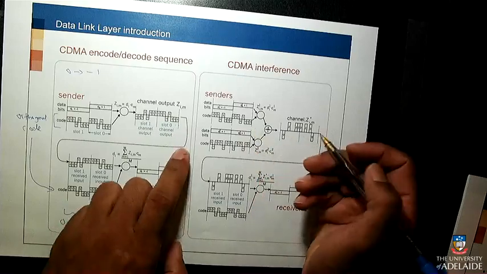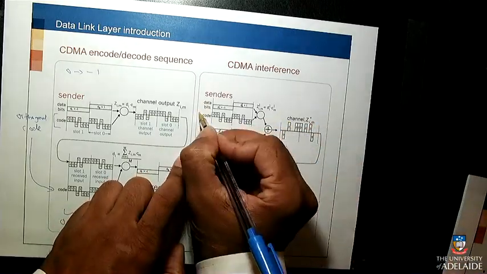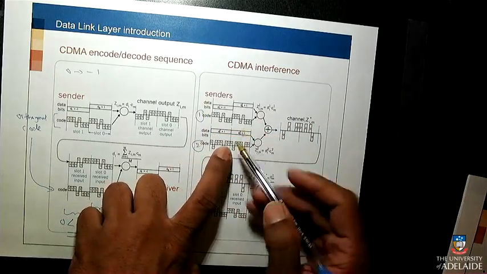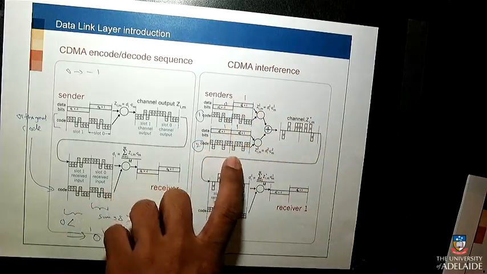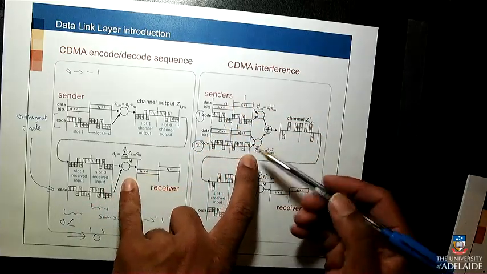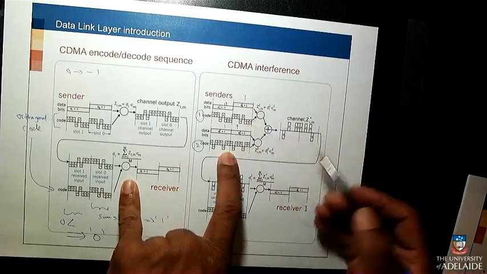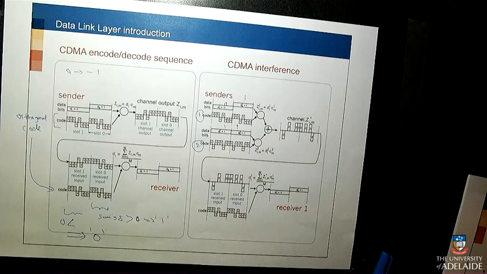So here we have two different chipping codes, right? This is code 1, and this is code 2. And here's a 1 and a 0 being sent, and here's a 1 and a 1 being sent. So essentially what happens in real life is that this will get multiplied by this chipping code, this will get multiplied by this chipping code, and then what gets transmitted will be superpositioned in time and frequency.